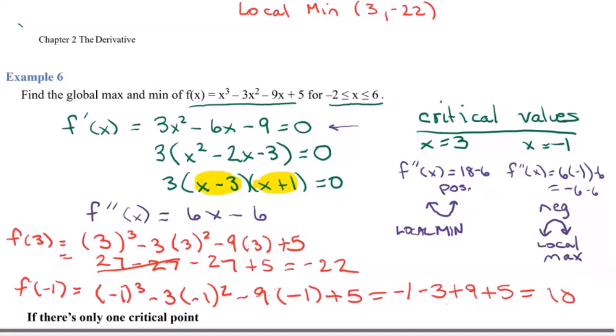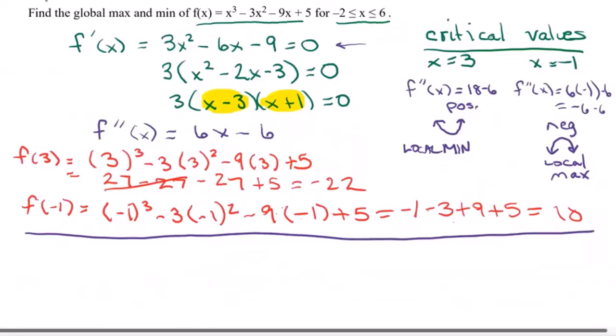So we have a local maximum at -1, 10. But I'm not done because I'm looking for the global.